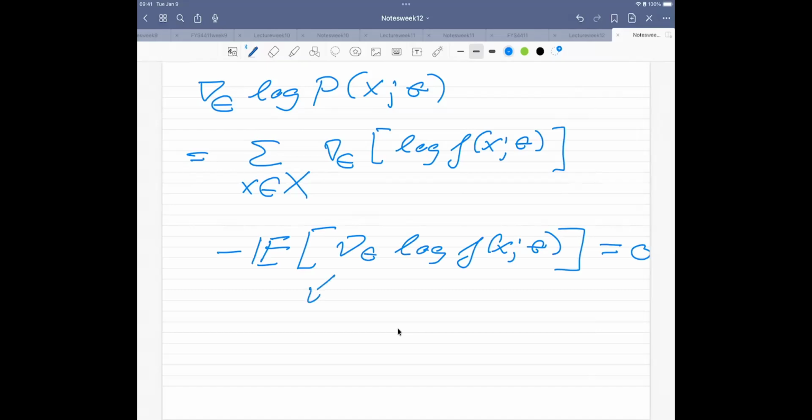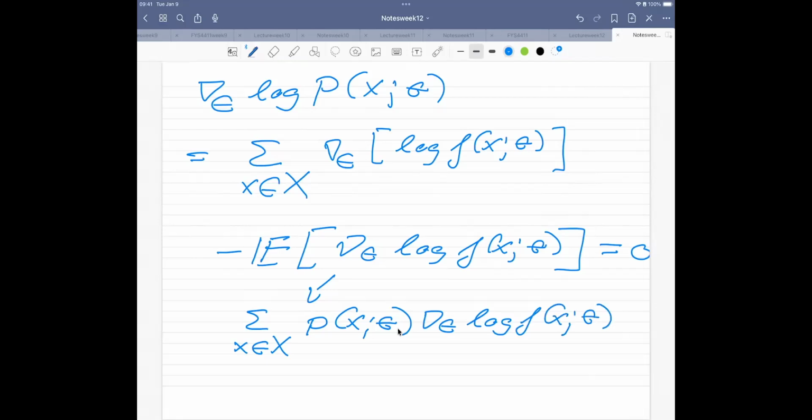This function here is actually given by the sum over x in the domain, of the probability p of x of theta multiplied with log of f of x with a given theta. And this is something which we are going to approximate with Monte Carlo sampling.